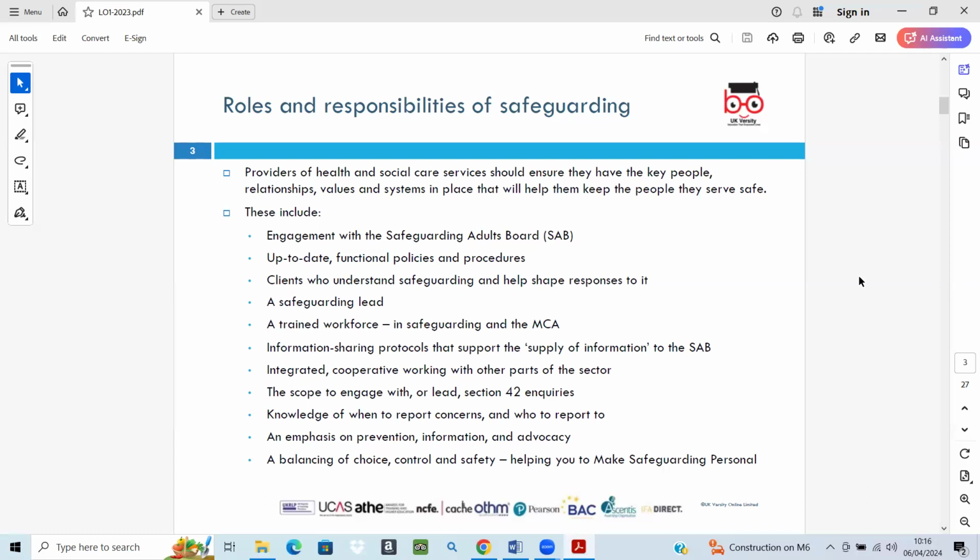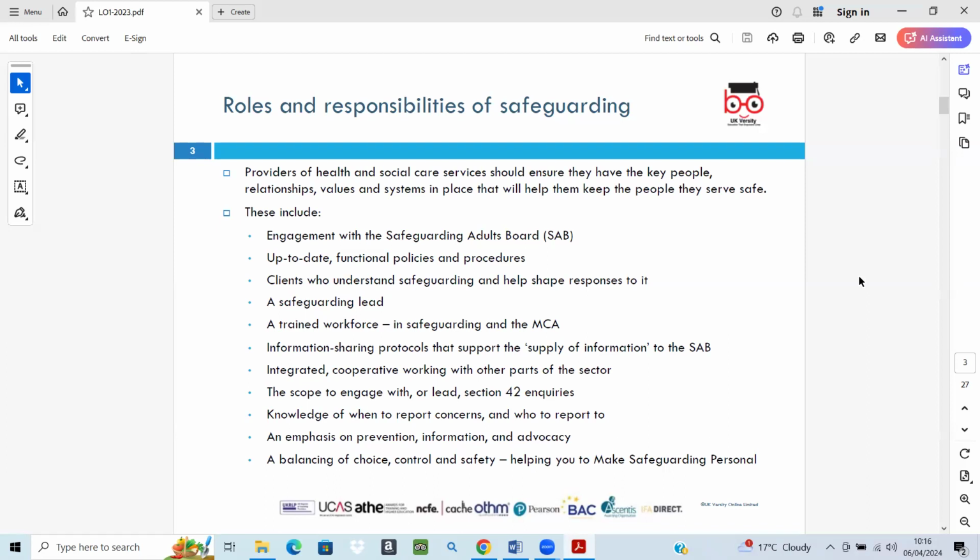How can involving service users or clients in shaping safeguarding responses benefit them? Wherever we have care provision or any profession related to health or social care, we involve the service user or the client. It empowers them and ensures their needs and preferences are considered and can make safeguarding measures more effective.